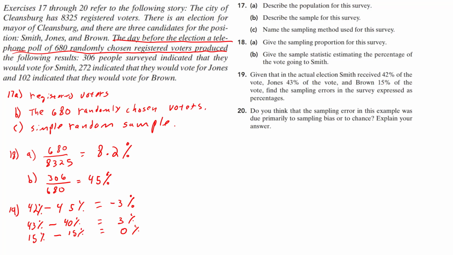Sometimes people change their phone, and so we would get some error there. And there is the possibility of chance that we would get a sample that was different than the actual population. So I would argue it's a little bit of both.